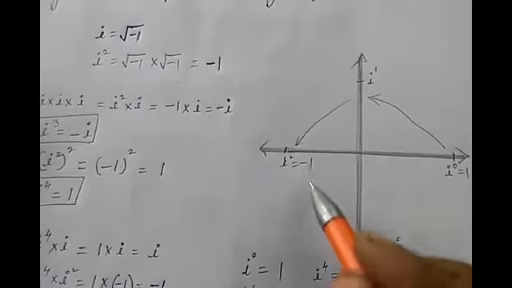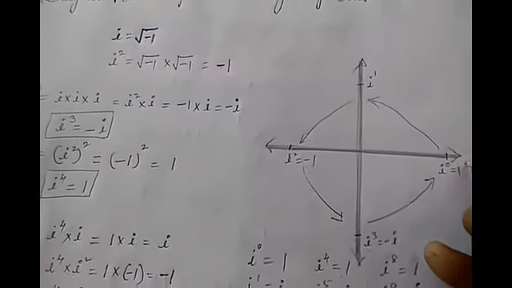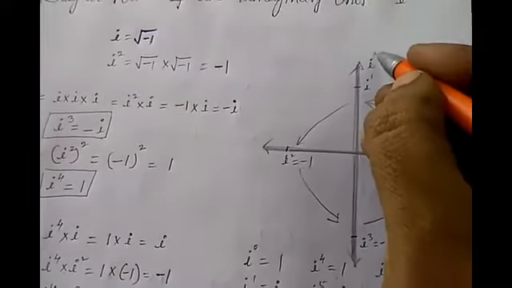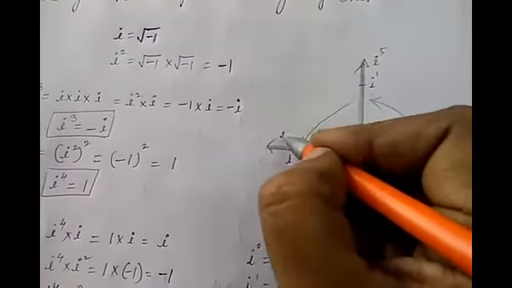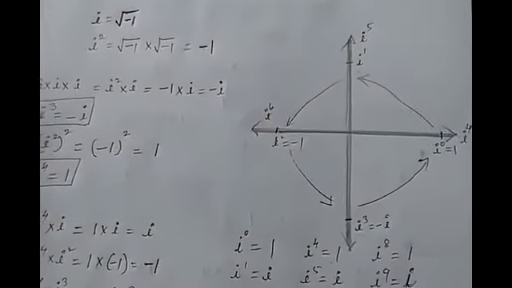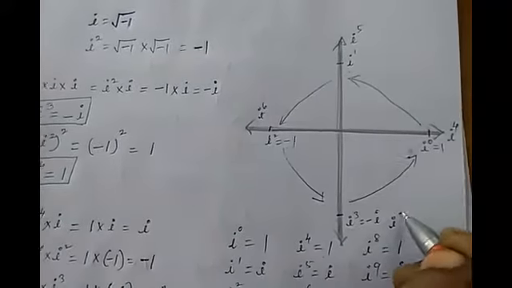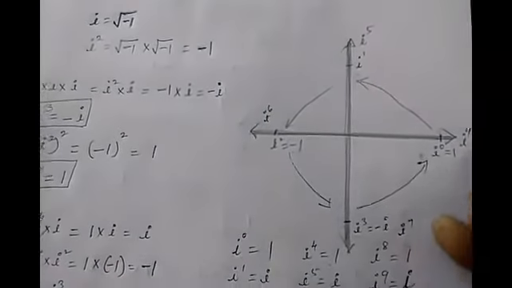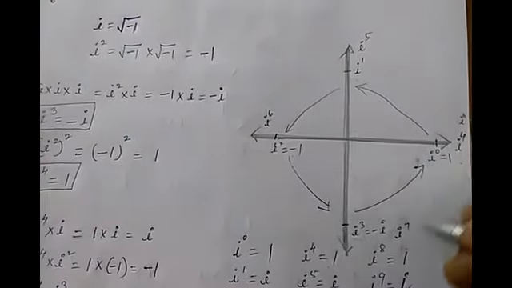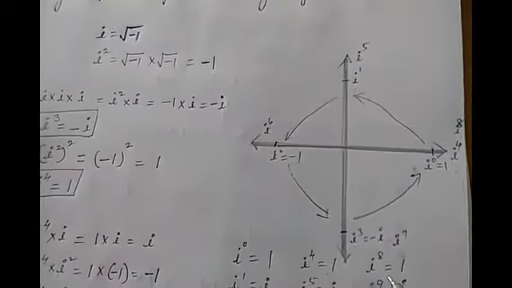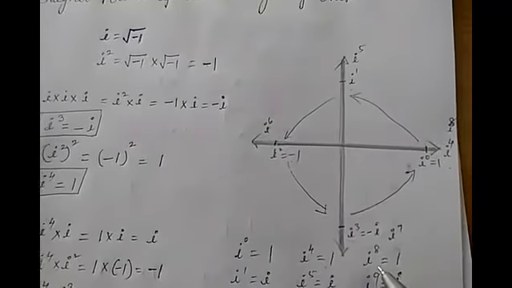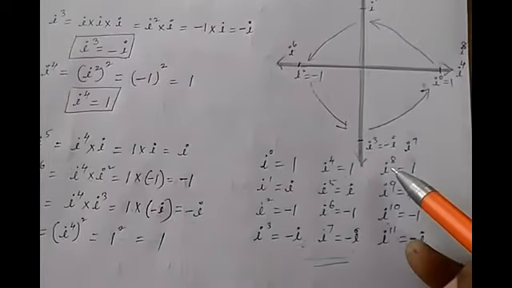It follows cyclic order. Again i power 4 equals 1. i power 5 is i, i power 6 is -1, i power 7 is minus i, and i power 8 is 1. In this manner, the integral powers of i follow cyclic order.